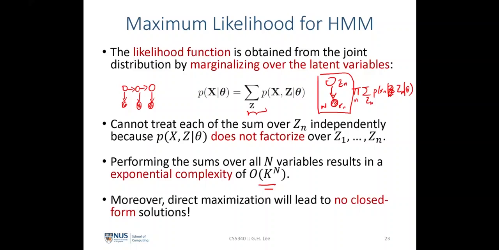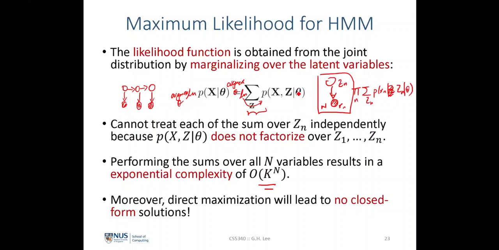Moreover, a direct maximization here will lead to no closed form solution. This is the same as what we have seen in the previous case, because if we were to take the log likelihood and directly argmax this over theta, this would be equivalent to taking the argmax over theta of the log of the marginalization over all Z's. And we have seen in the previous lecture that this log term cannot be pushed into the summation term here.